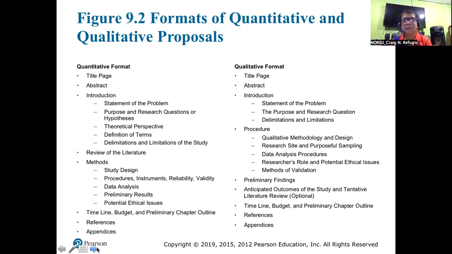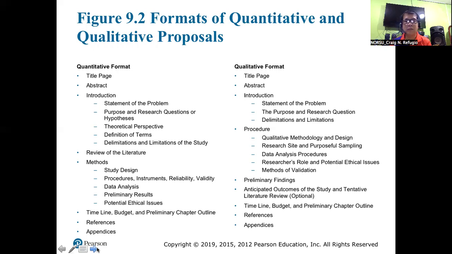In the qualitative format, the introduction is composed of statement of the problem, the purpose and research question, delimitations and limitations. Then there is what we call procedure: qualitative methodology and design, research site and purposeful sampling, data analysis procedures, researcher's role, potential ethical issues, and methods of validation.